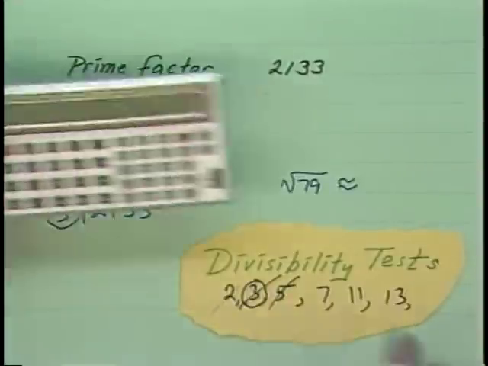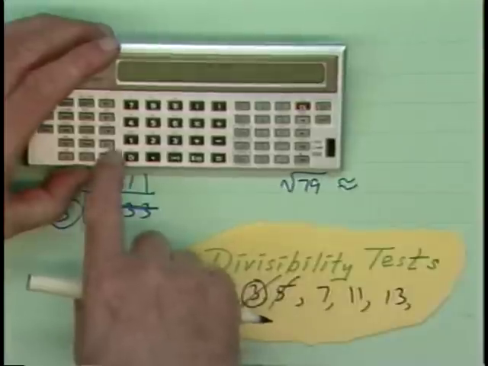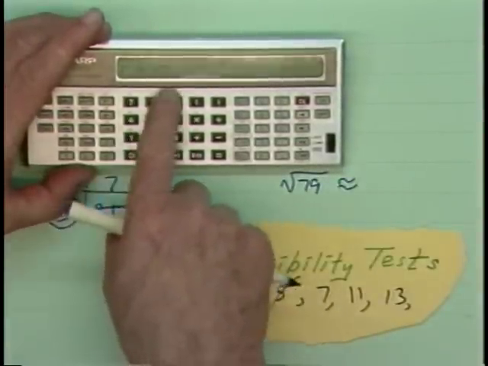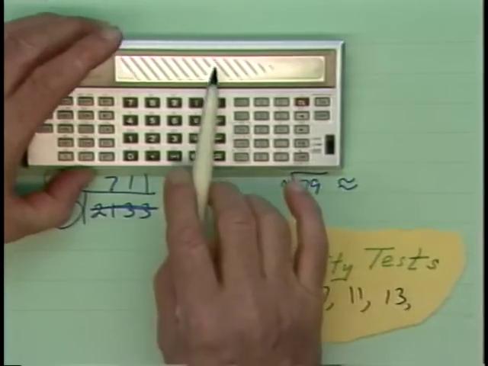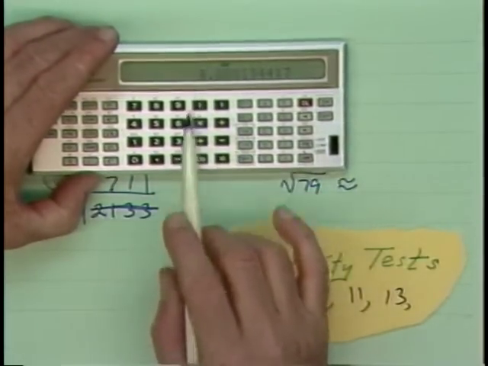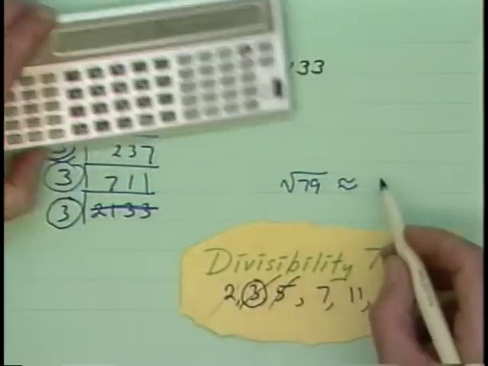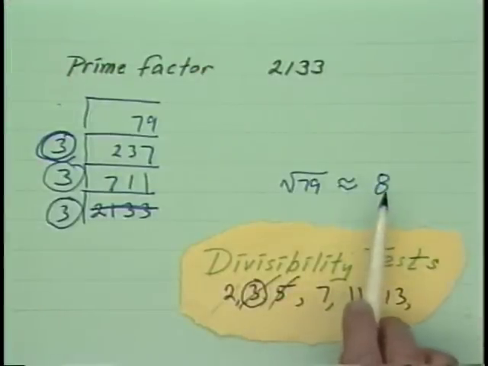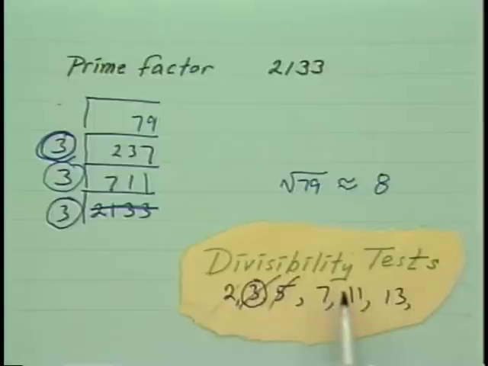And if you need to, find a calculator and actually punch in 79 square rooted. It comes out to be 8.8, which means, rounding down, that I need only try numbers less than 8, prime numbers at that.